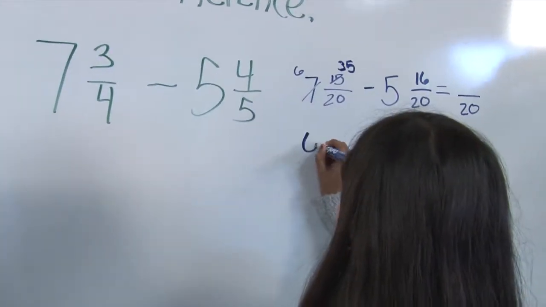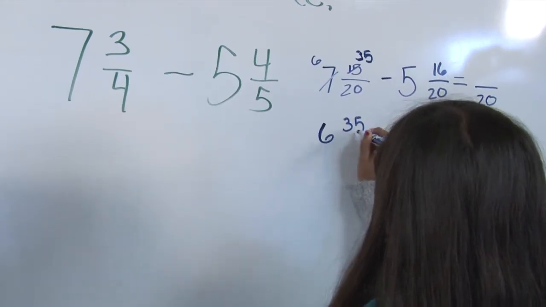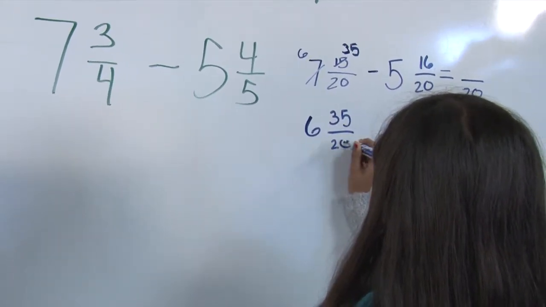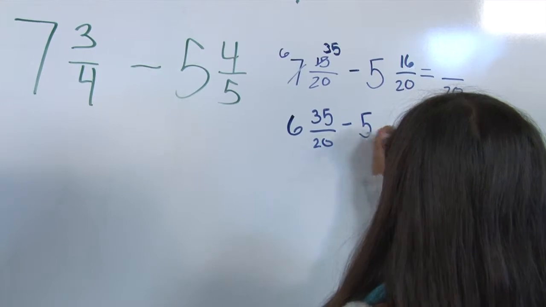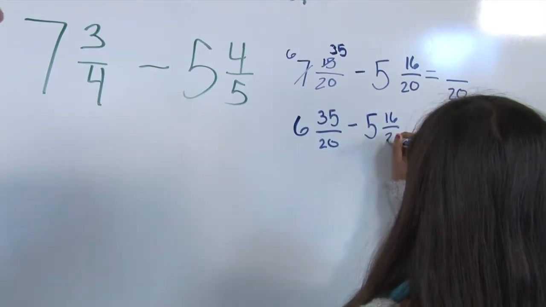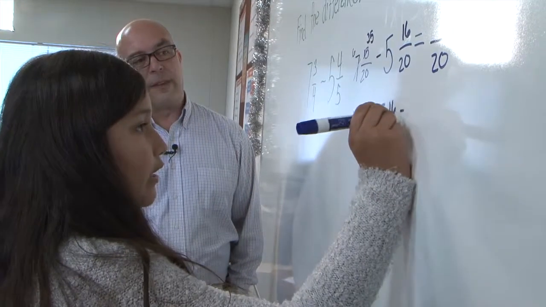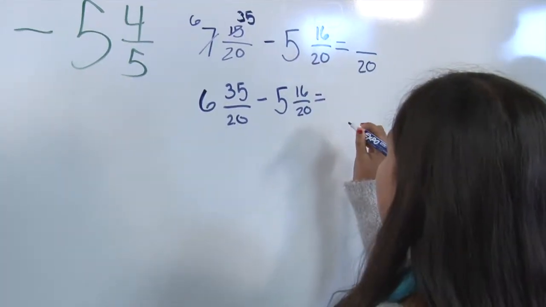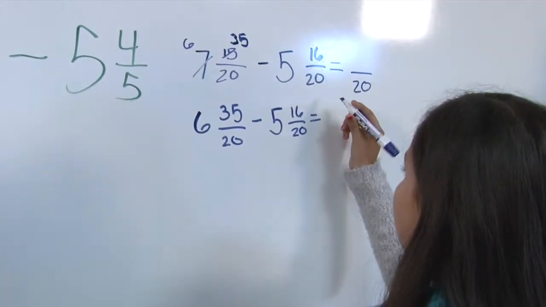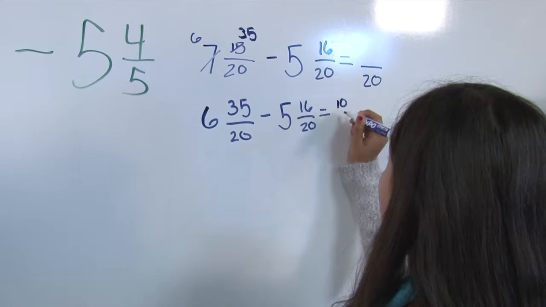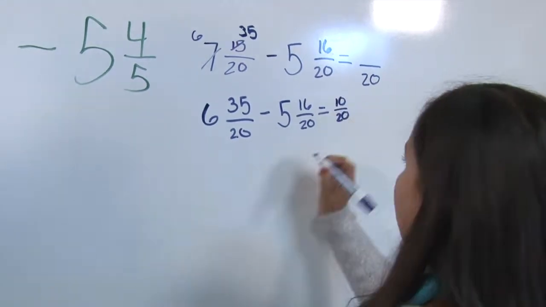Yes. Okay. So I would just rewrite it to 6 and 35 over 20 minus 5 and 16 twentieths. Okay. And that equals 10 twentieths. But then, almost.